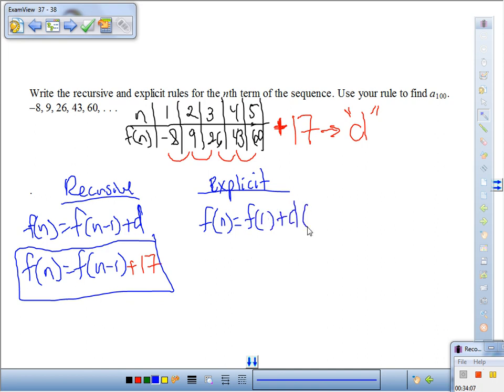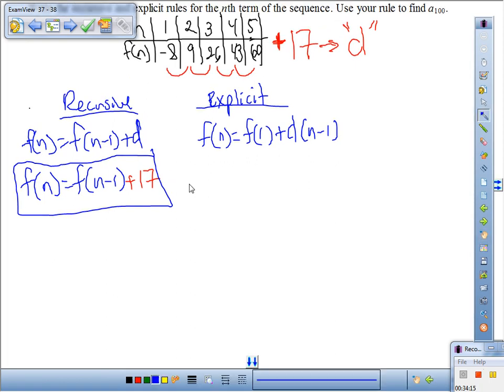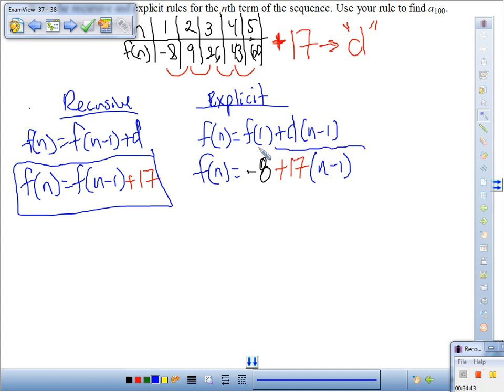Plus d times n minus 1. Next, f of n equals, at this point we can input stuff, is that correct? What's our first term? What is f of 1? -8, so I'm going to substitute that in here, -8, plus, what is d? Plus 17 times n minus 1. And this is our explicit rule for this sequence.